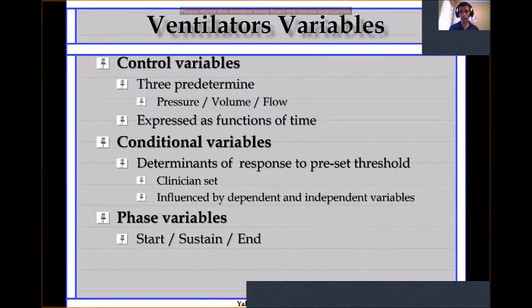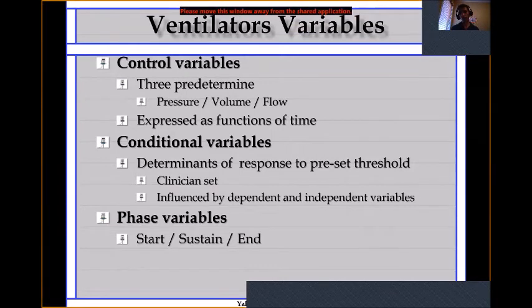If you set a trigger of 0.2 liter or 0.2 ml, and the patient does 0.2, give him the help. That's conditional. If the patient is not making an effort of at least 0.2, then don't help. So there are conditional variables, and there are also phase variables: how to start, how to sustain, and how to end a respiratory cycle.